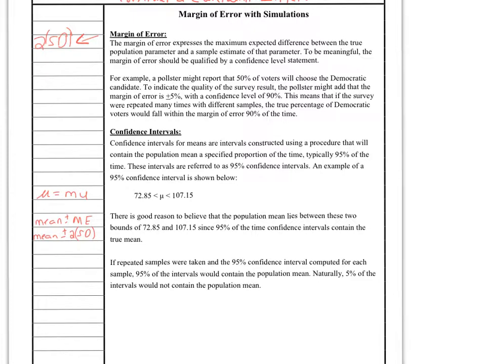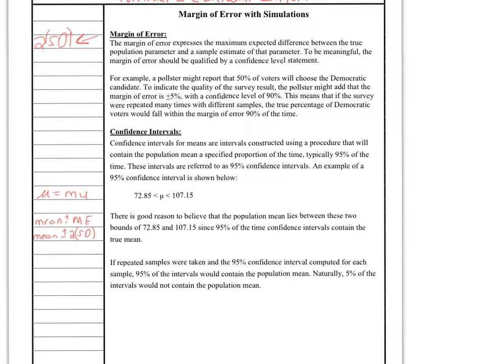All right, so in this example we have a pollster taking a report, 50% of voters choose a Democratic candidate with a margin of error of 5%. What's going on here is that we have a confidence interval that's given, and they just didn't write it out completely. So we have 50% of voters are going to choose a Democratic candidate, but we don't know if it's exactly 50% because they took a poll, which means we need to figure out what the lowest bound and the highest bound could possibly be from our confidence interval.